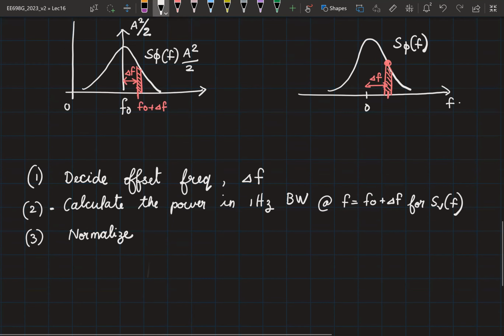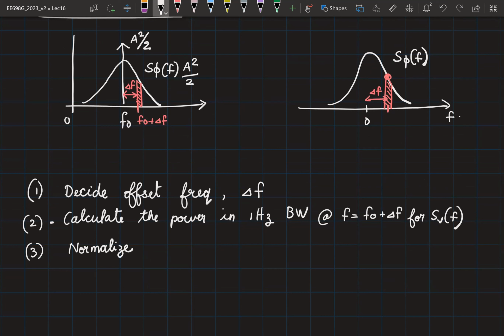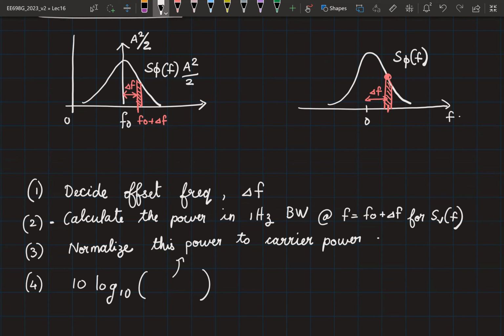Okay, so we normalize this power to the carrier power. And then you take the 10 log 10 of that normalized quantity. Okay.